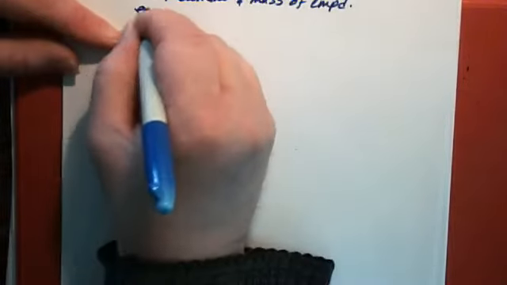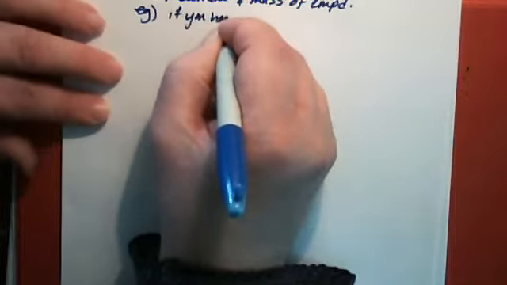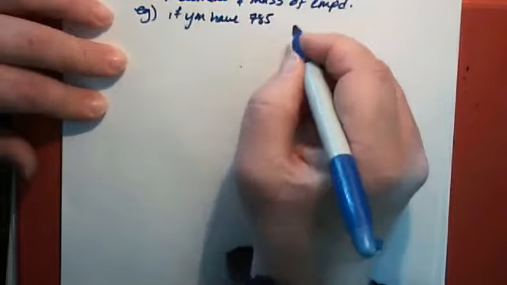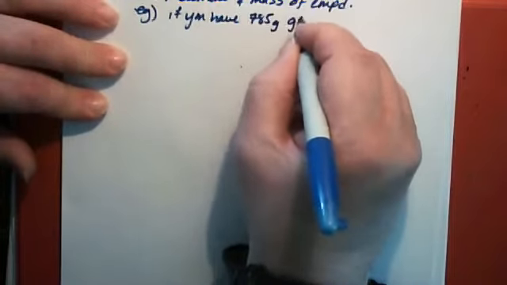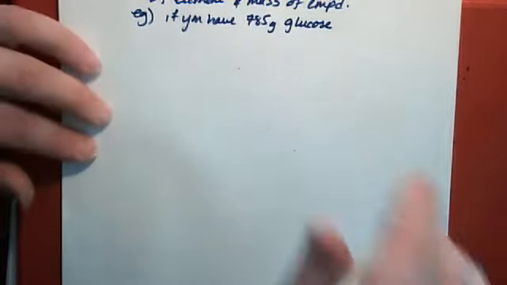So for example, for this, if you have 785 grams of glucose, how much oxygen is there in it?